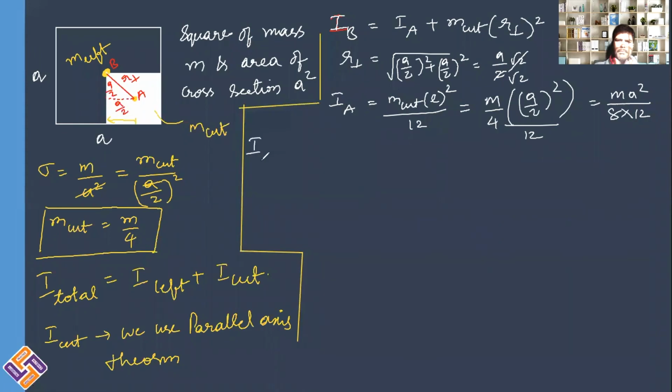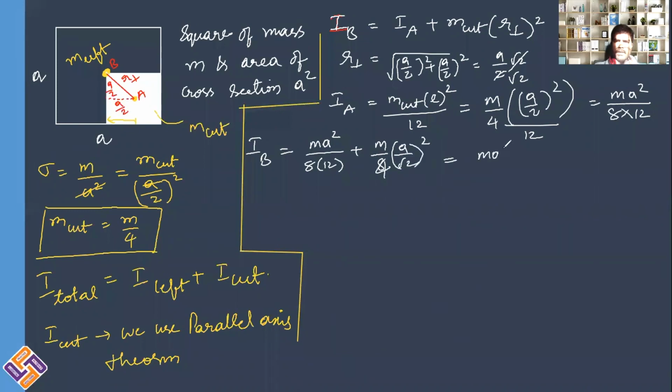I want to calculate the moment of inertia with respect to B, which is equal to m a square divided by 8 into 12 plus the mass of the cut portion, m by 4, and R perpendicular, a by root 2 whole square.